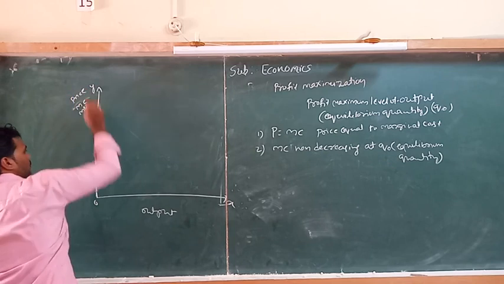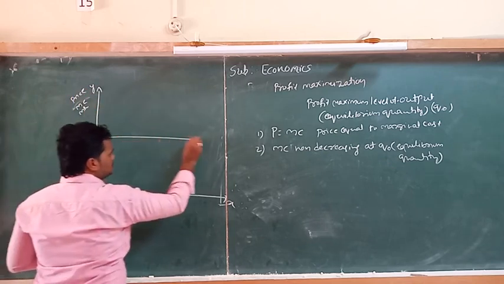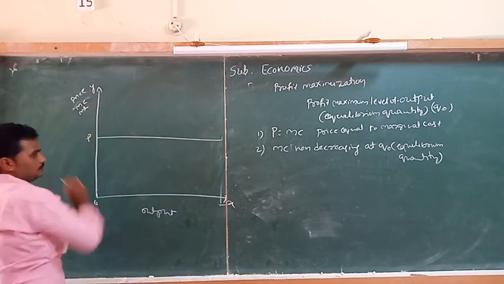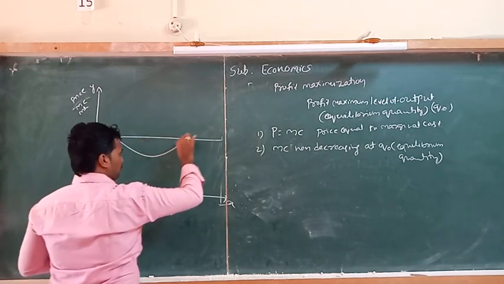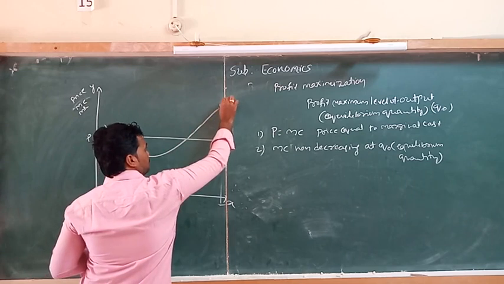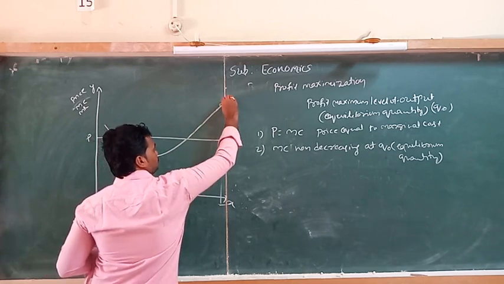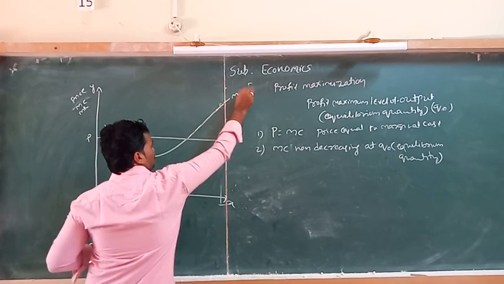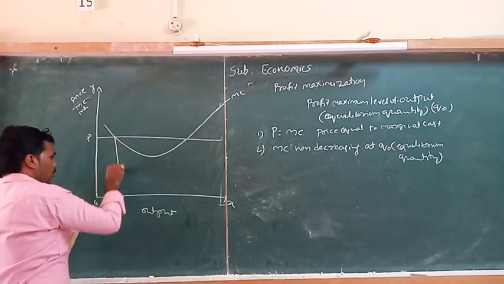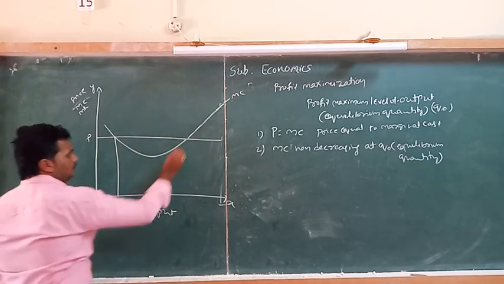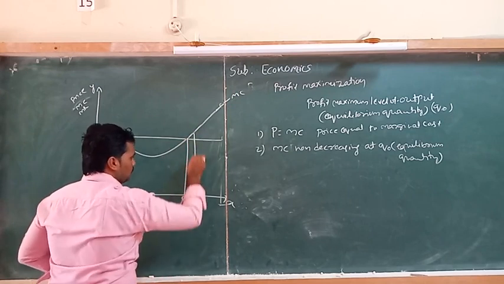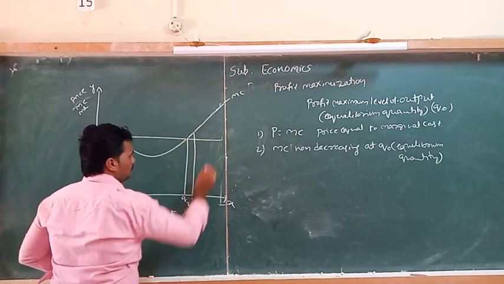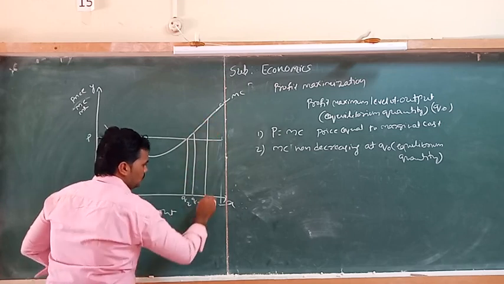Observe here, this is the price line P. See, observe the nature of this MC curve. So output Q1, output Q2, Q3, and this is Q naught.